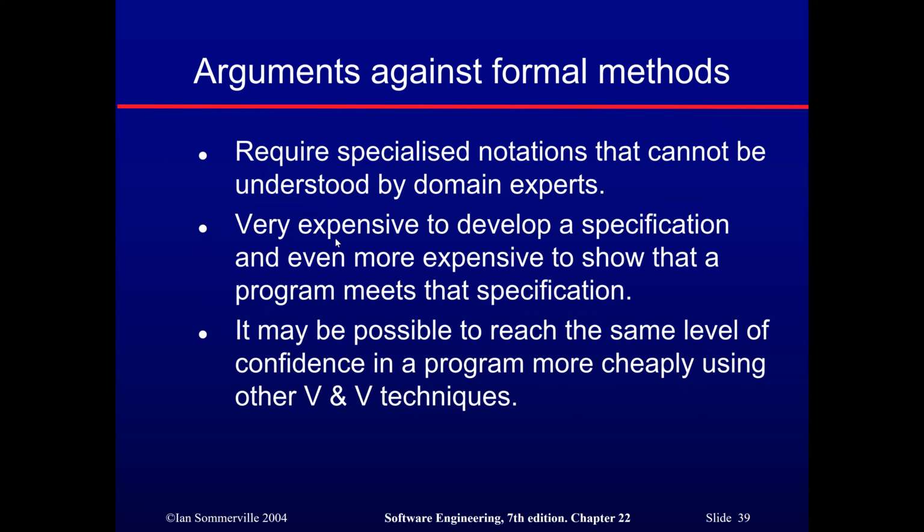Another disadvantage of the formal methods, which is actually not exactly a disadvantage but an argument against the formal methods, is that formal methods are expensive to develop a specification and even more expensive to show that a program meets that specification.